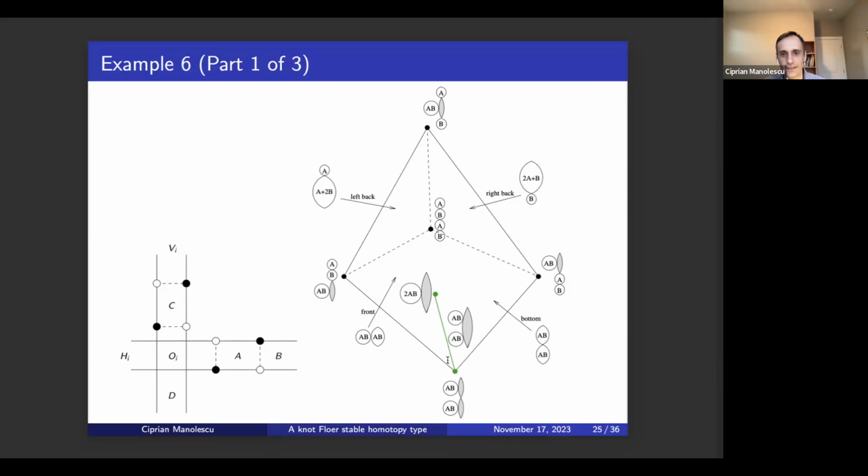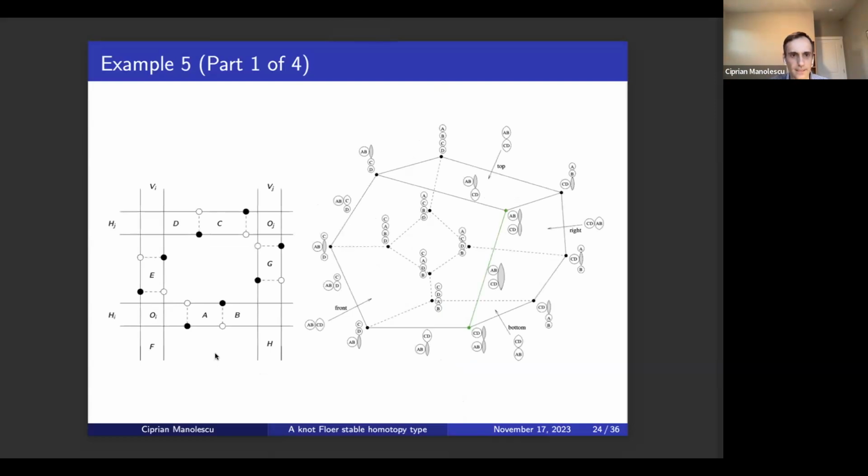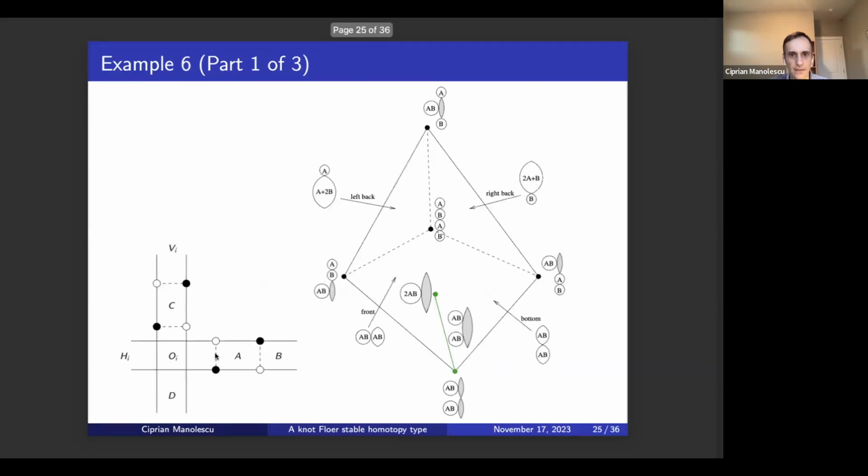Just imagine that I'm pushing this face slightly into the interior, and I get some singular edge. We will see a better picture in a moment. This corresponds to two bubbles through, just a second. So this is AB plus CD. Oh, I see.